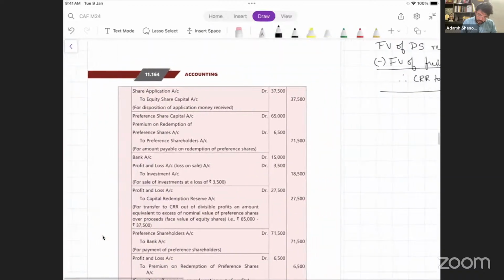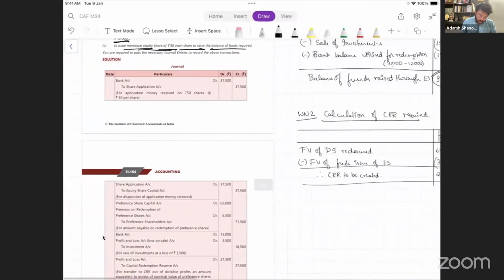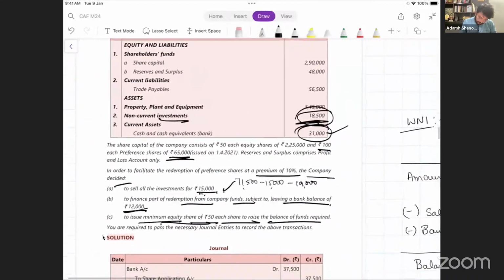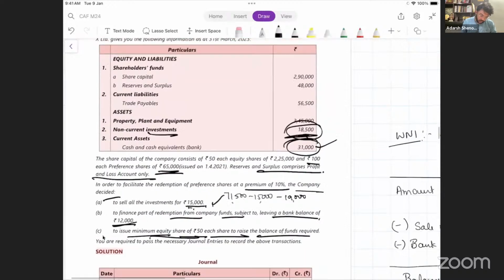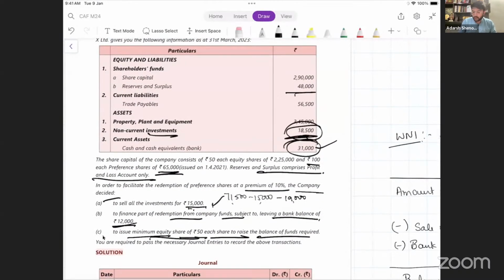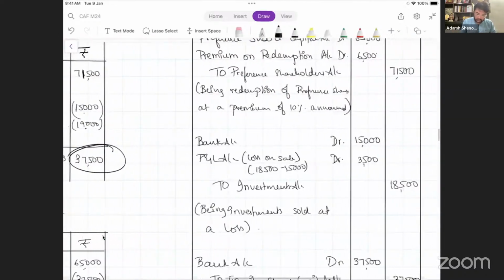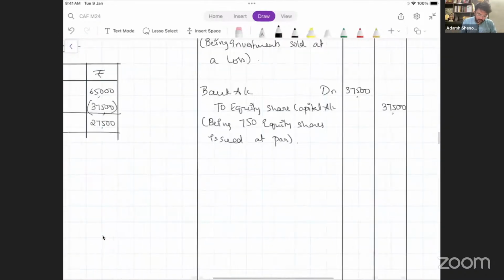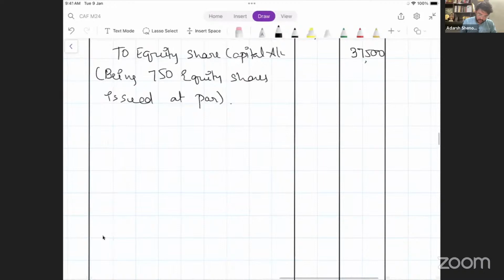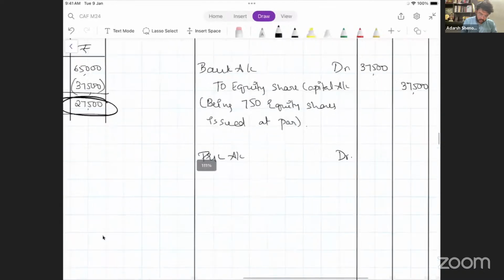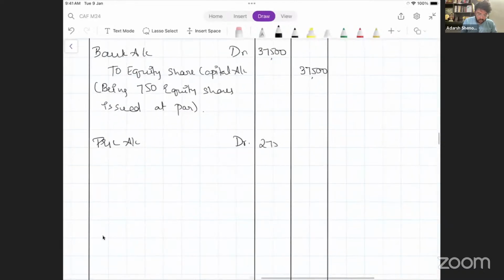Okay, next, let's create CRR. To create CRR, what reserves do we have? Reserves and surplus comprises profit and loss account only. So there is 48,000, but we have now utilized some for booking the loss on sale, but it doesn't matter. We don't need that much. We need only 27,500 CRR. So P&L account debit 27,500 to CRR account 27,500.